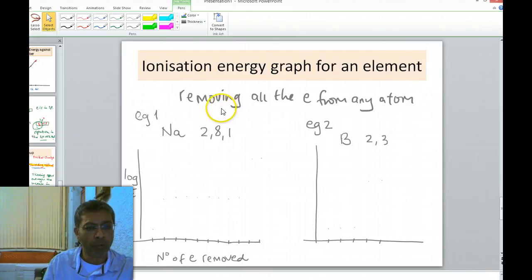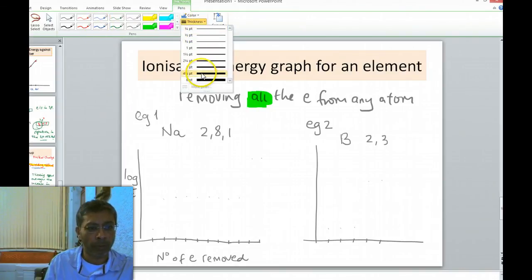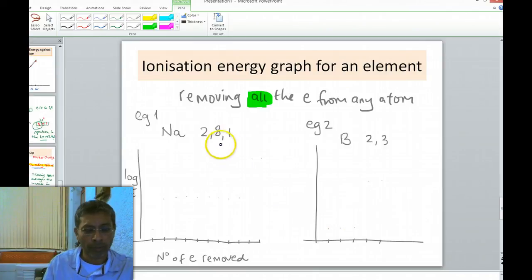Remember, what we're trying to do is remove all of the electrons from these atoms. Let's take sodium first. We know sodium was 281. There's a nucleus in the middle.